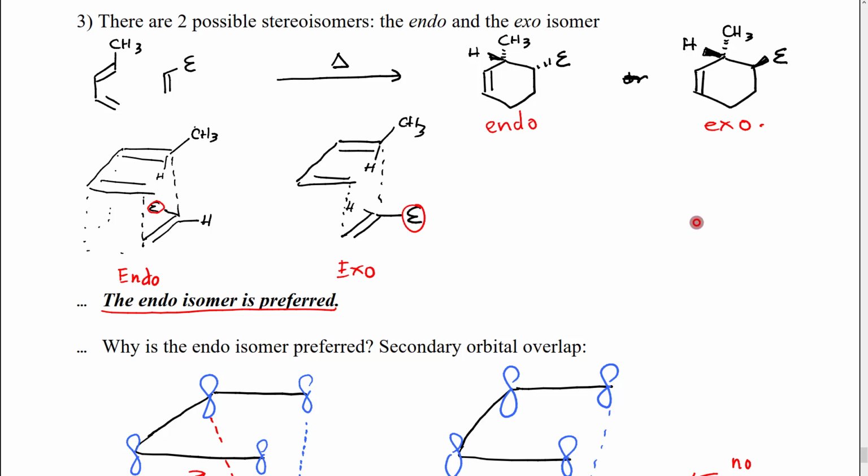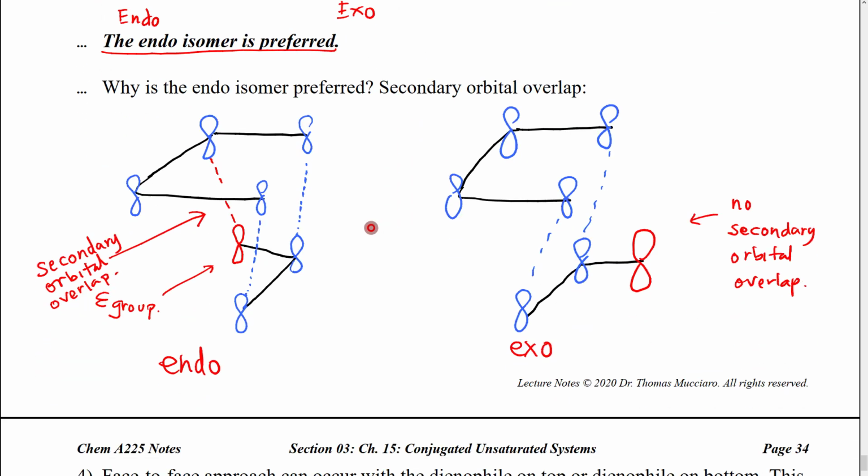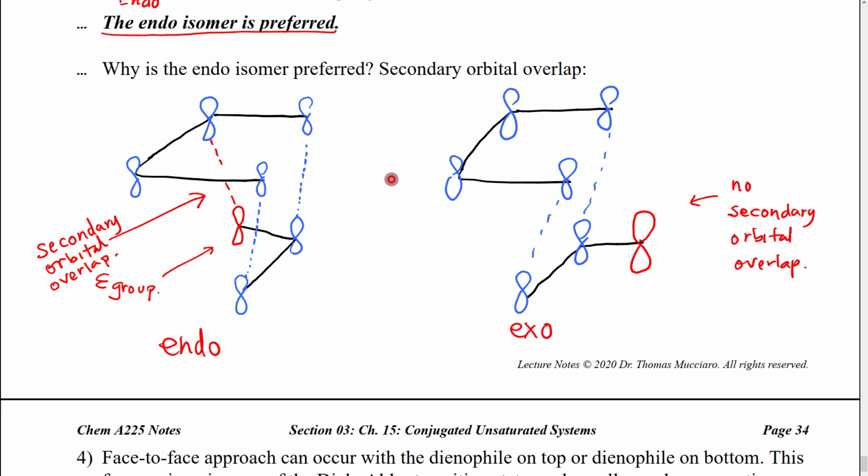It turns out that when we do this, the endo product is preferred over a wide variety of potential reactants. So there's a theory about why that's the case. And the theory comes from the orbital theory.